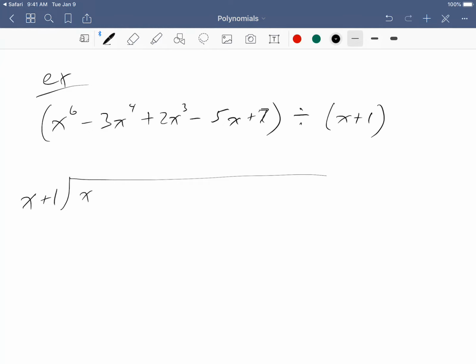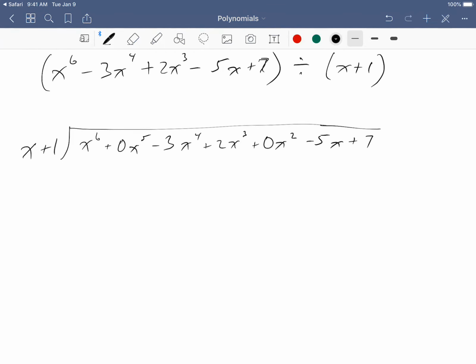All right, so I've got my x plus 1 going into this whole polynomial. One thing I have to be careful of is I need to leave space for every possible degree here. So I need to put in a 0x to the 5th, even though I haven't written it down up above. I need to leave the space for it here in order to make this work. So there's my start to polynomial long division.